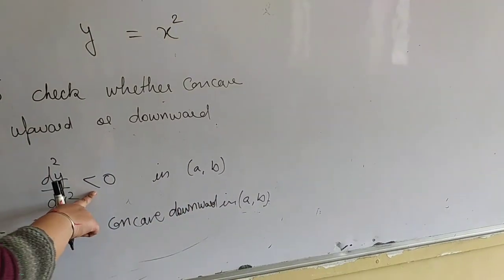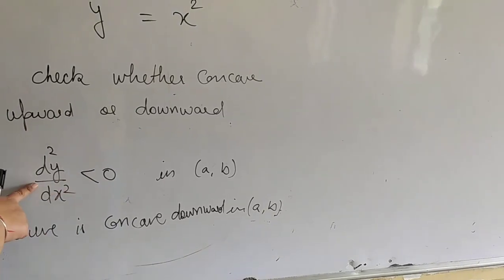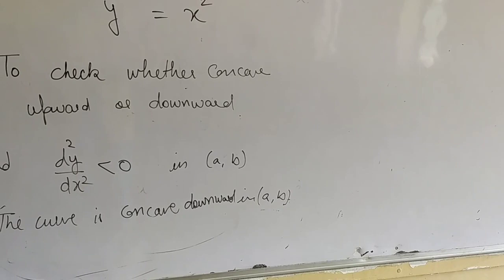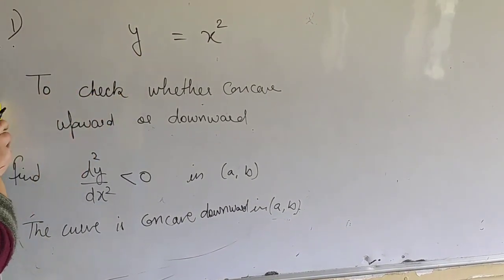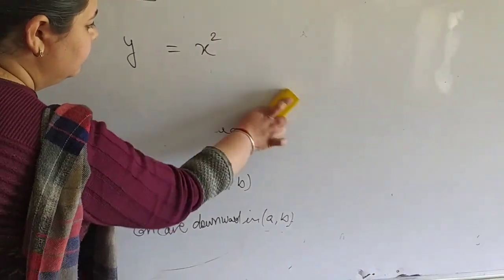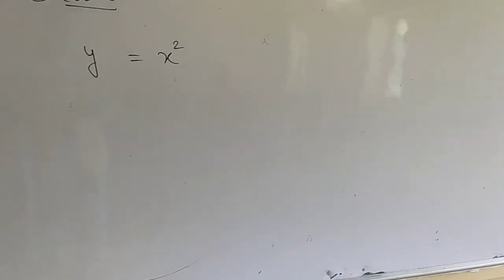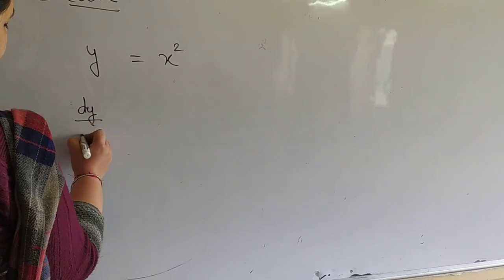One thing to be noted down is that there should not be an equal to sign, because when the double derivative equals 0, that point will become a point of inflection, and we will do that later. Now we will check for this curve. Find out the first order derivative.